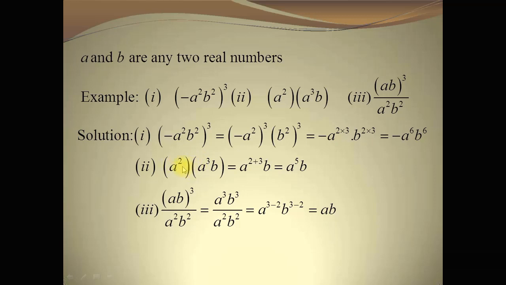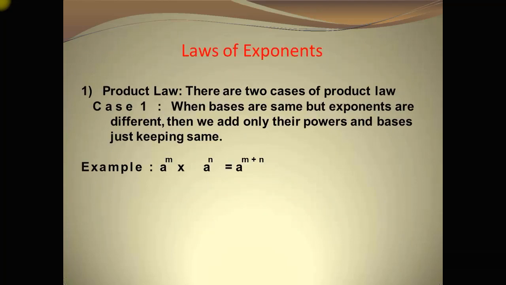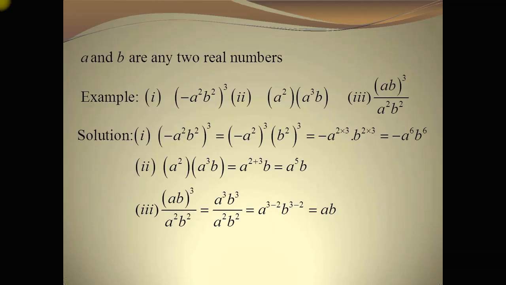So by the product law, when the base is the same and the exponents are different, as I told you in the previous slide, we add the exponents and the base is kept the same.